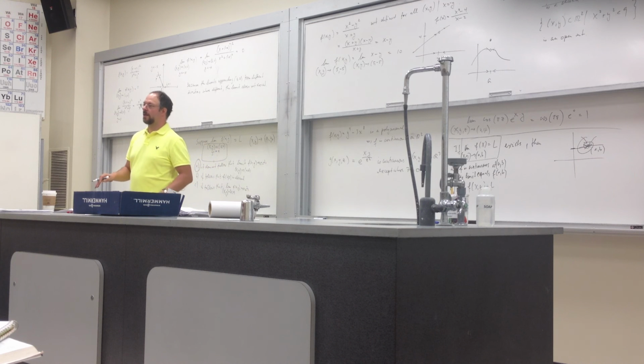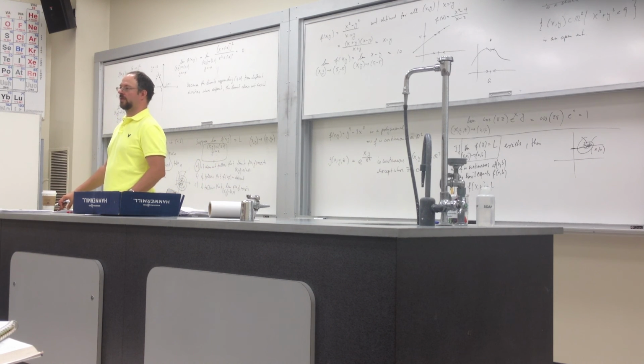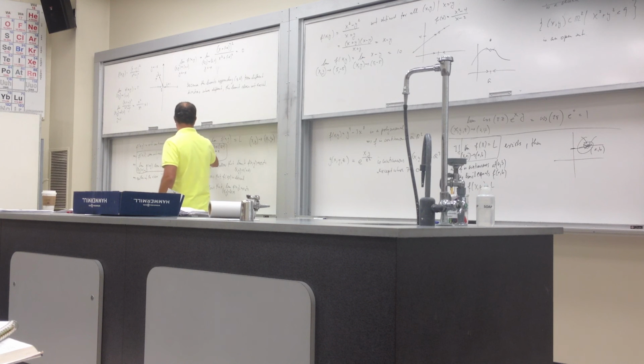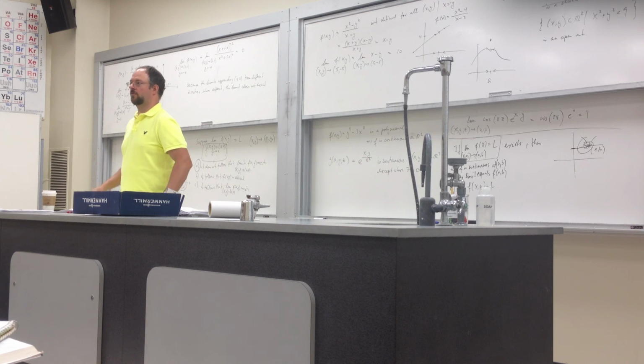So here I restricted it to going towards 0, 0 only along the lines. So you can think of that as one statement: x, y goes to 0, but x and y have a certain relationship. Any questions?